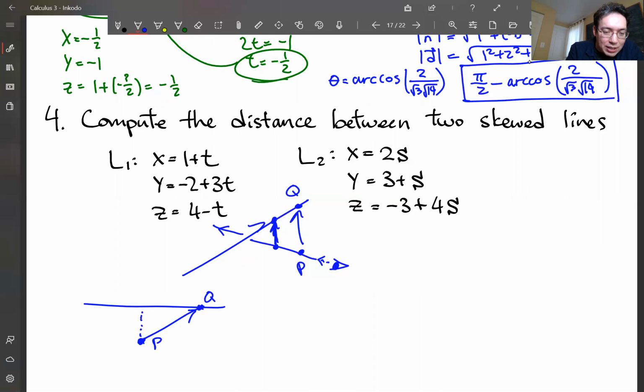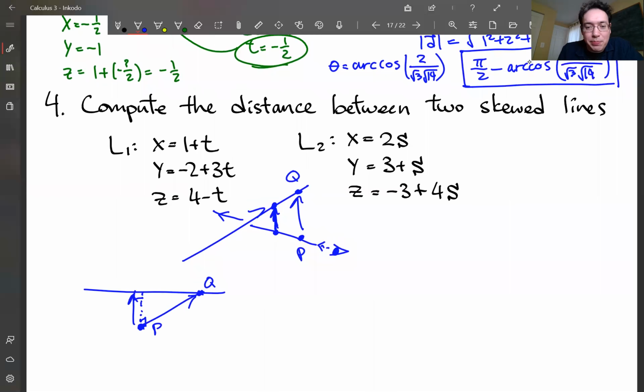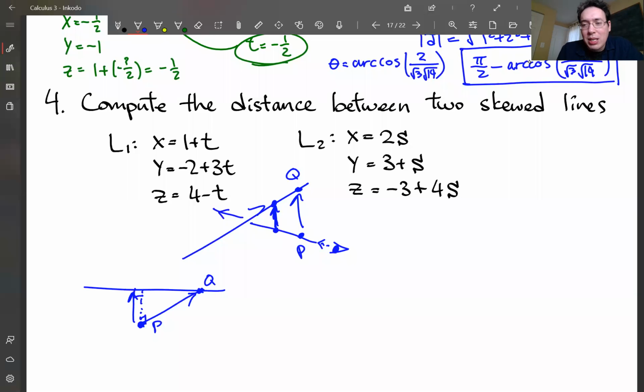If you can find this direction that's perpendicular to both lines, then we could just project onto that and get the distance between the two lines. If you accept that, this will actually give you the distance.